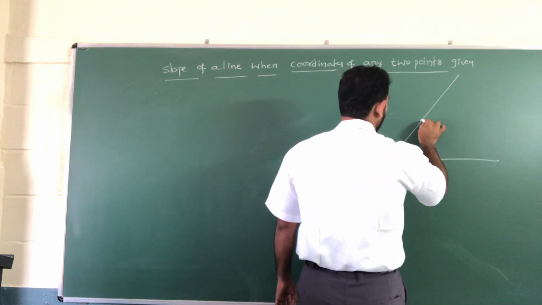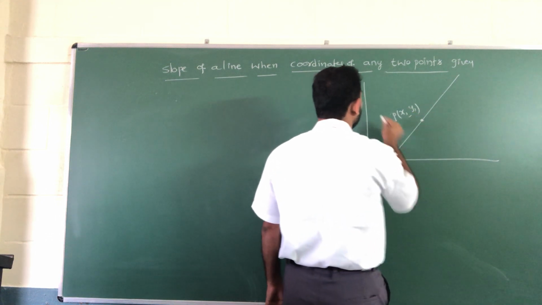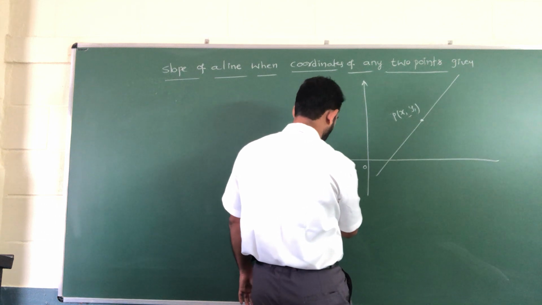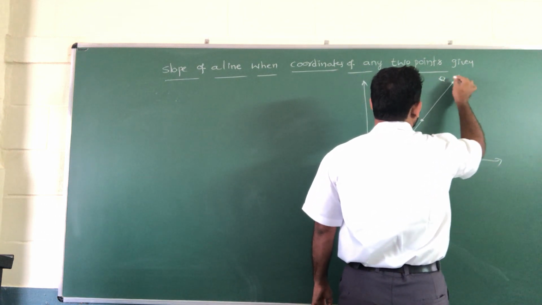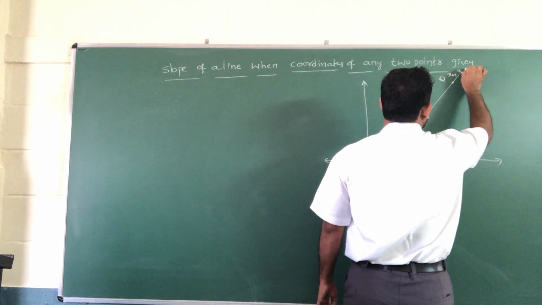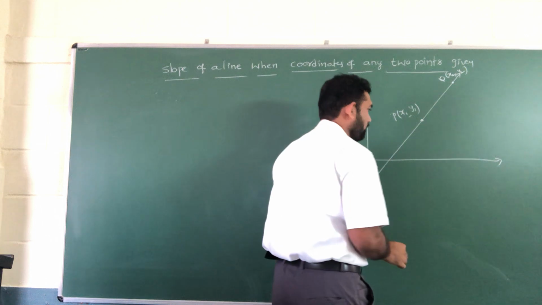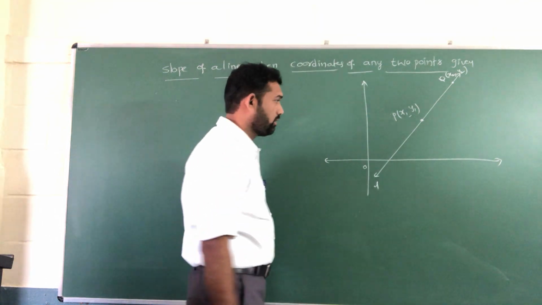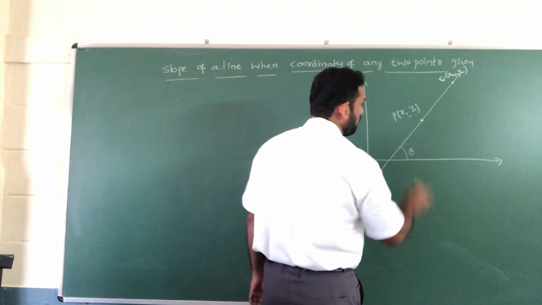So the first point is P, (x1, y1). The second point is Q, (x2, y2). This line's name is L. According to the last concept, the angle made is theta in the anti-clockwise direction.